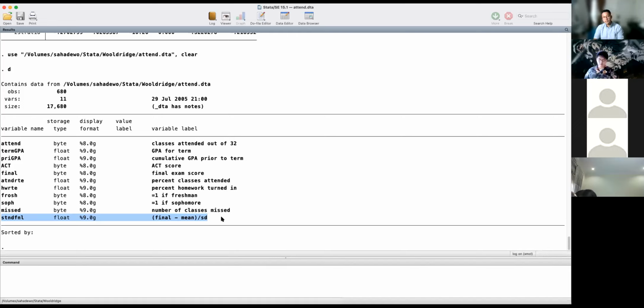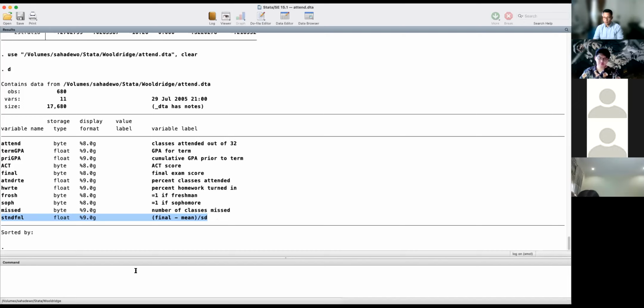And so what we're interested in is the regression of test score on prior GPA, the square of prior GPA, and then attendance rate, the interaction between attendance rate and prior GPA, as well as ACT score and the square of ACT score.